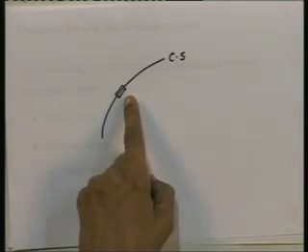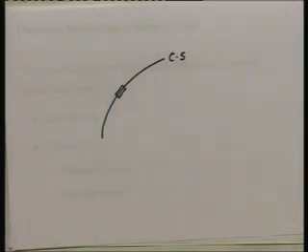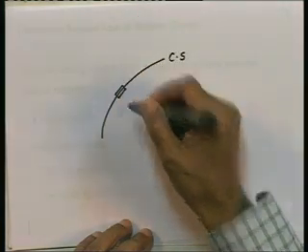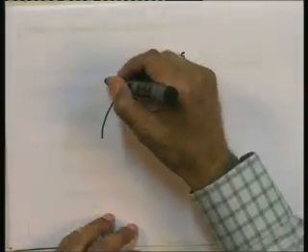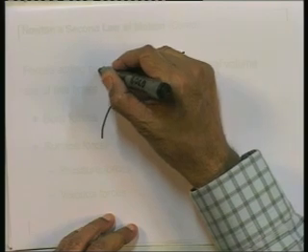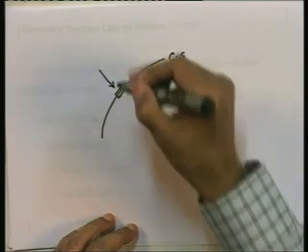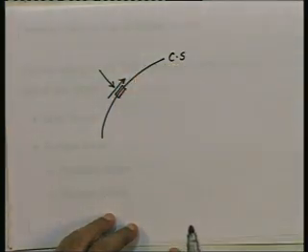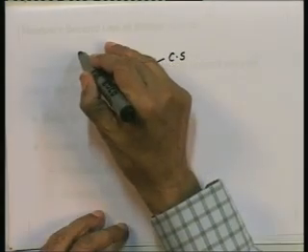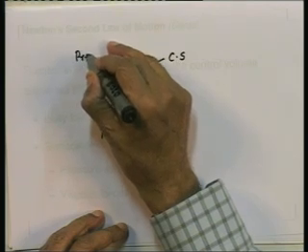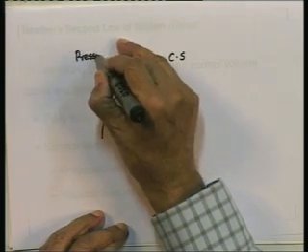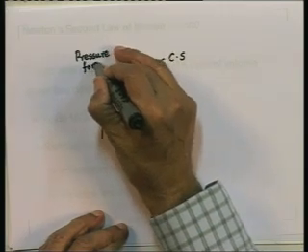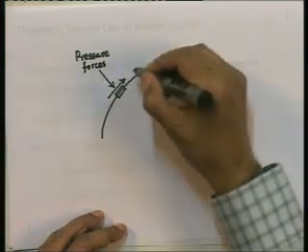Now, on this elementary surface, the forces exerted by the surroundings on the fluid inside the control volume would be pressure forces and there would be viscous forces. These are the two surface forces acting, pressure forces and viscous forces.